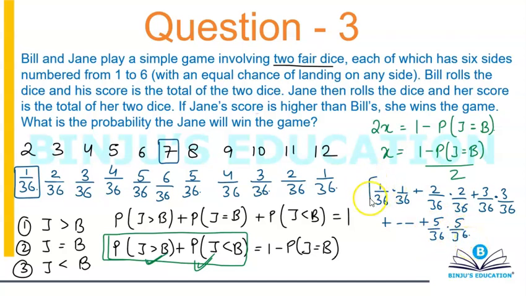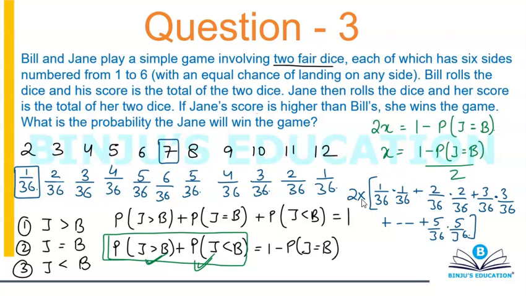Now these probabilities I can simply multiply by 2, because the probabilities for the numbers on the left of 7 will exactly be equal to the probabilities of the numbers on the right of 7.